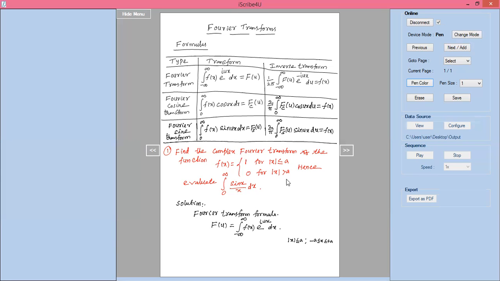What does modulus of x greater than a mean? Before minus a and after a, the function should be 0.